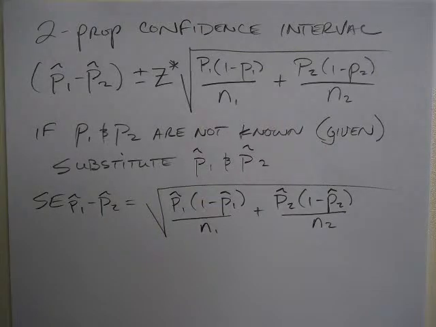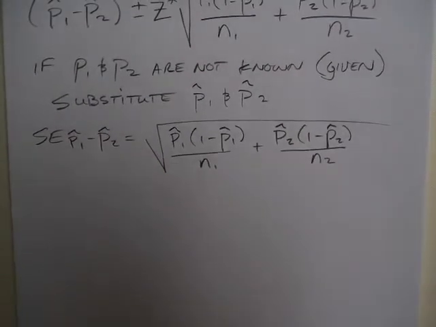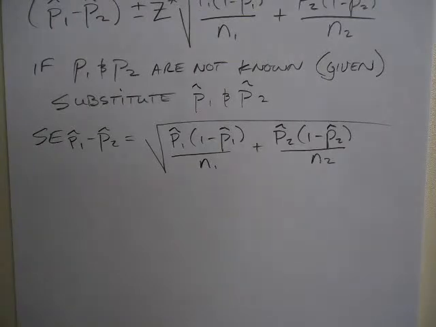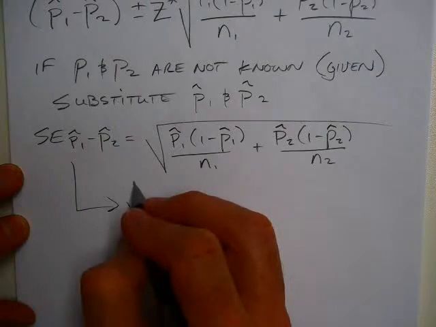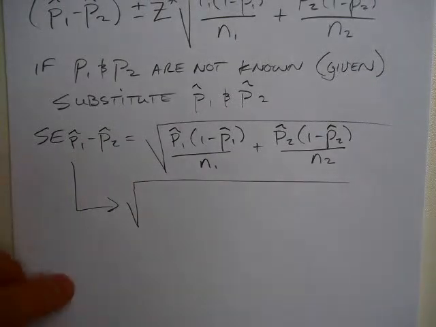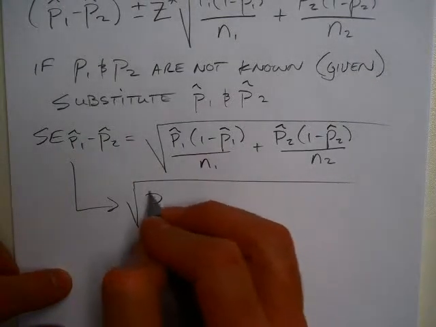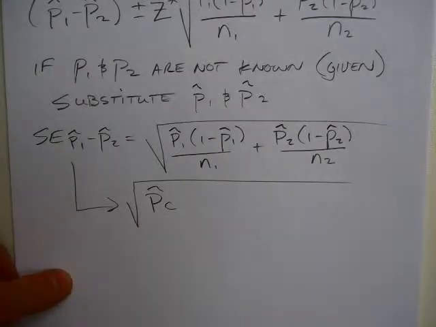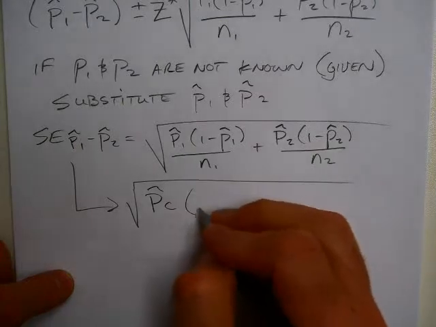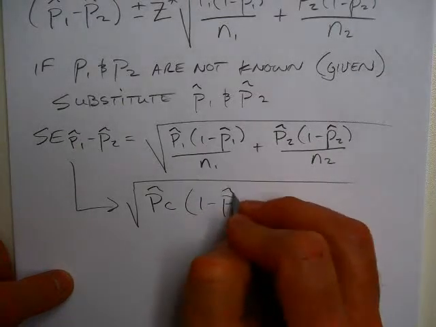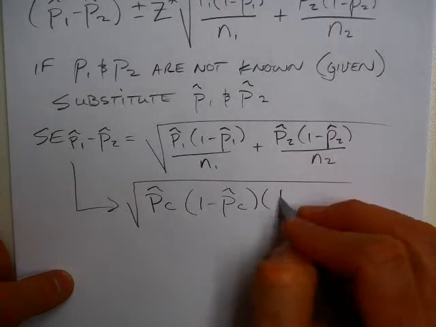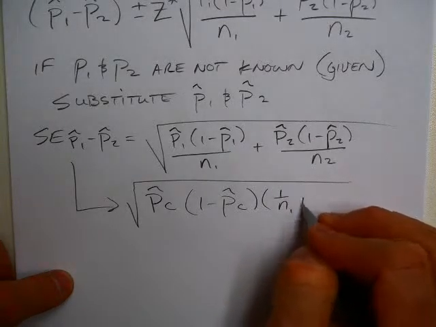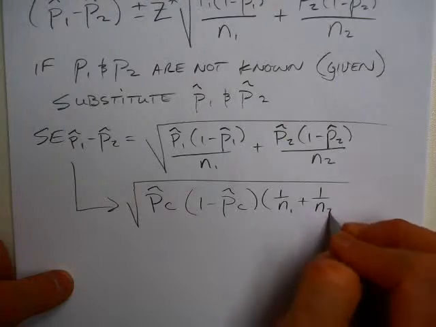I'm not really sure if you care about some of the rest that I'm going to have you write down here, but there's another way to calculate this. I don't know that it's necessarily easier. It could be. Probably is. P hat C, which was the formula we wrote on the last page, times 1 minus p hat C times 1 over n1 plus 1 over n2.